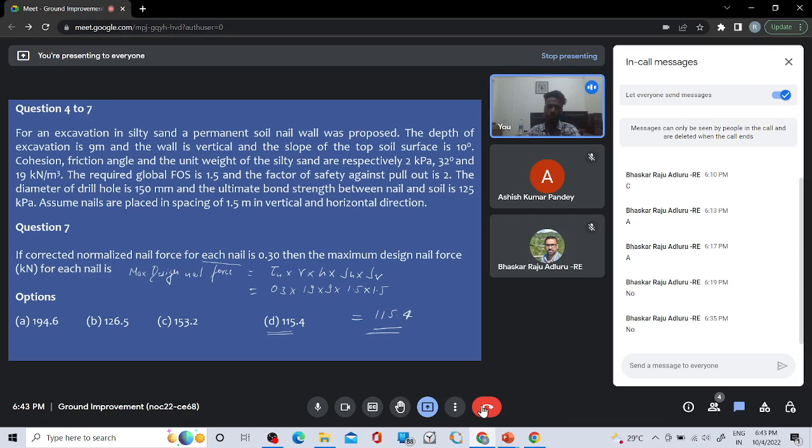We need to calculate the length of the rebar or how much force is induced in the bar. The same, similar approach we are using here while calculating the nail. The only difference is that in place of the rebar we have the nail, and in place of the concrete we have the soil.